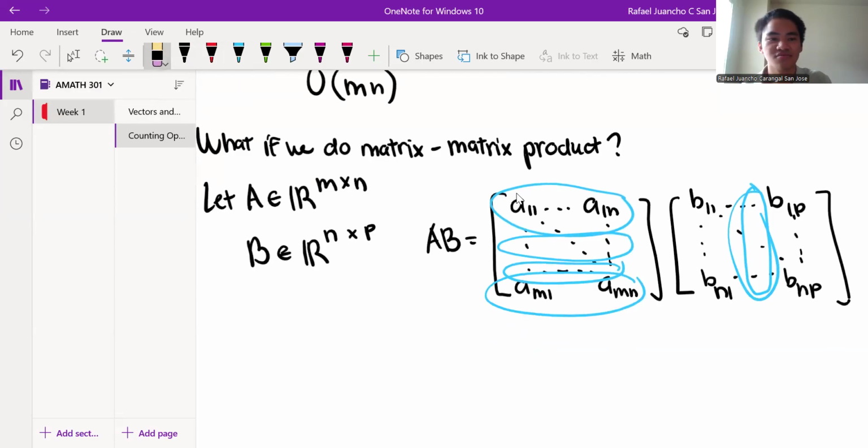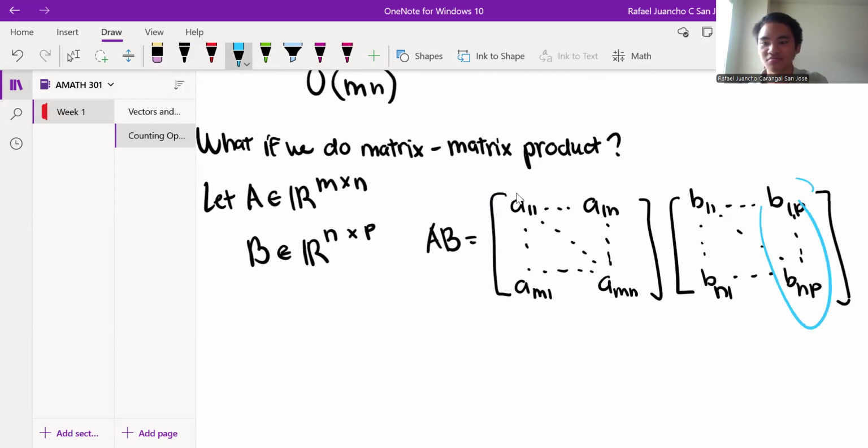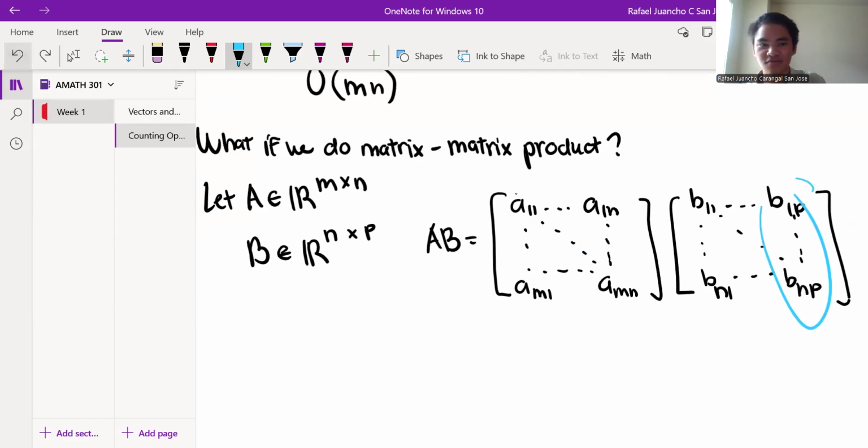How many times is that now? That's 3. And let's say we do it all the way until we reach the last column of B. So that's how many times now? Not 1, not 2, not 3, not 4, P times. Right?